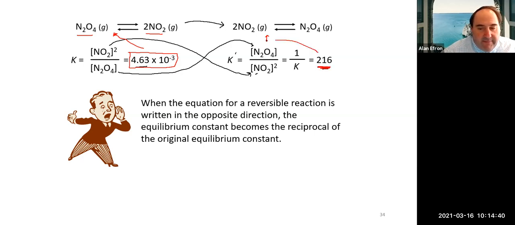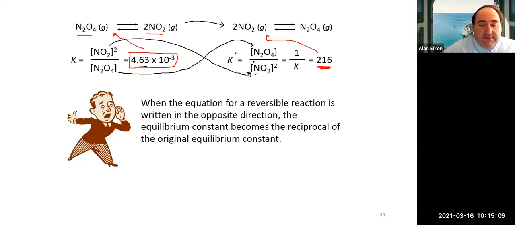So when we specify a K value for a reaction, we're specifying that number for a couple of things. The first thing is that it is for that reaction exactly how it's written. Whatever's on the reactant side, whatever's on the product side, that is where we get our K value from. The second thing is that it is also for a specific temperature, whatever that temperature may be.